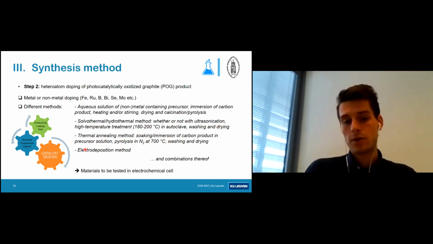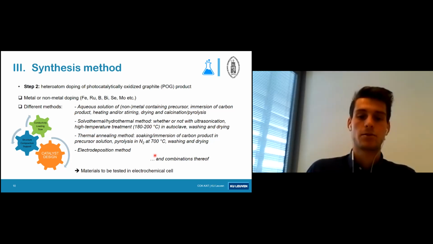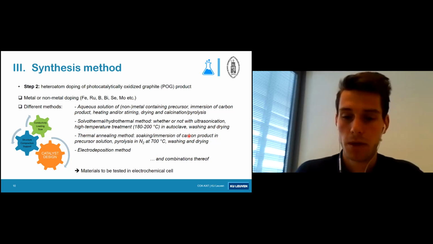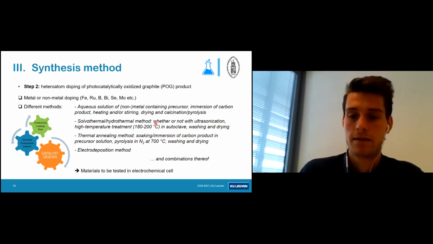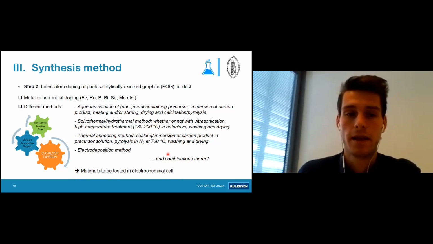And another method, which may be a bit different, is electrodeposition of our components or species, the dopants. And of course, we have also combinations of different methods, which can lead to a very efficient, good method. At the end, we want to test, of course, all these materials in the electrochemical cell for their activity.